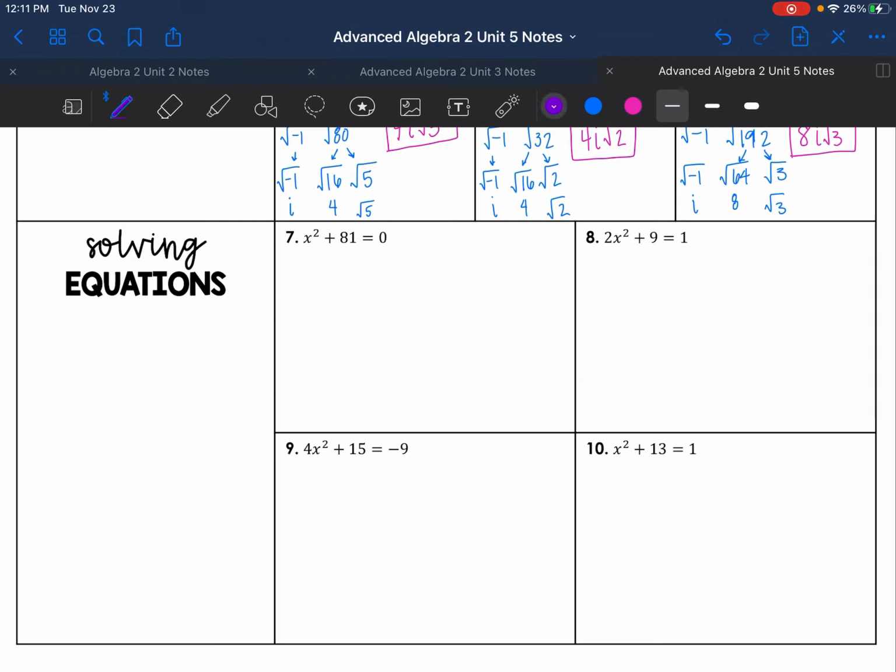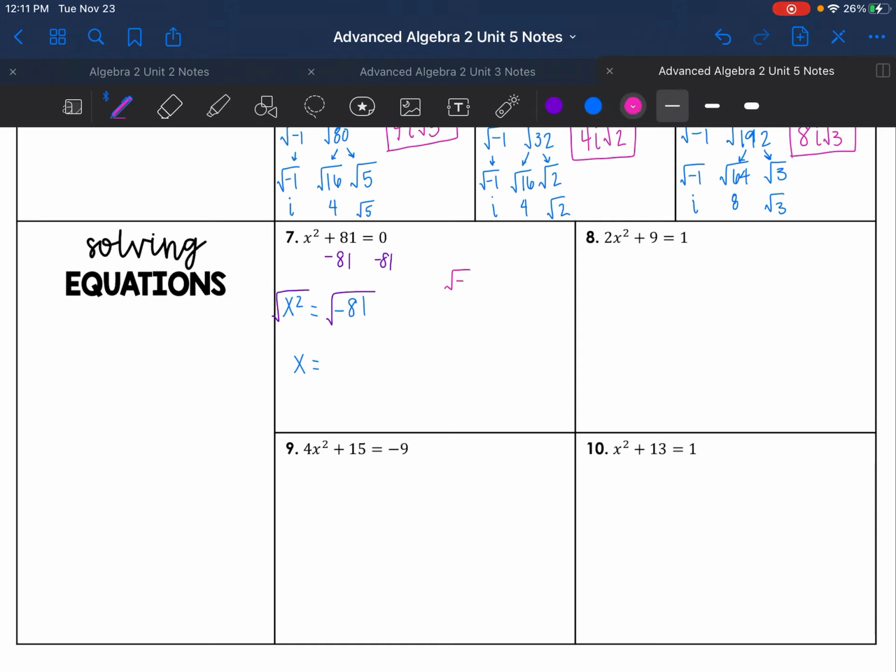So we're going to start by subtracting 81 from both sides. And we get x squared equals negative 81. And then we take the square root of both sides. But the square root of negative 81 is not negative 9.